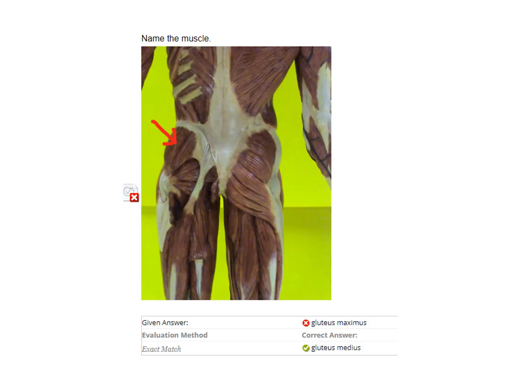Okay, let's make sure we don't confuse the gluteus maximus with the gluteus medius. And I understand some of the confusion because some of the images from your book and lab manual don't quite match what you see on the models.